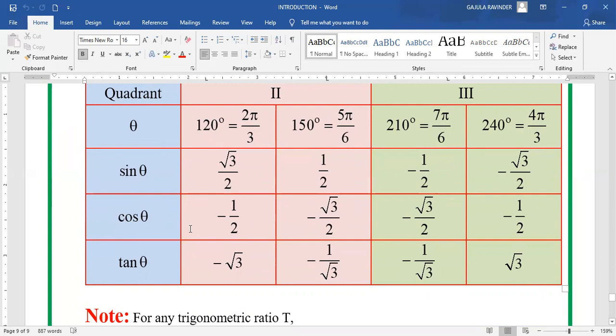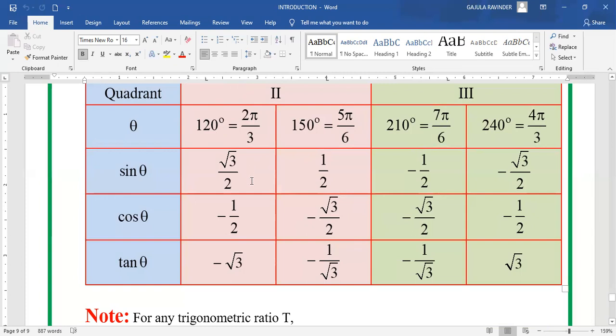And cos 150 is the same as cos 30, but the sign is minus. Cos 30 is root 3 by 2, so minus root 3 by 2. Like that, 120 will be taken as 60 degrees for the value, and for 120 degrees the sign will be taken from the second quadrant. So like that, you can choose the values, dear friends. Got the point here?